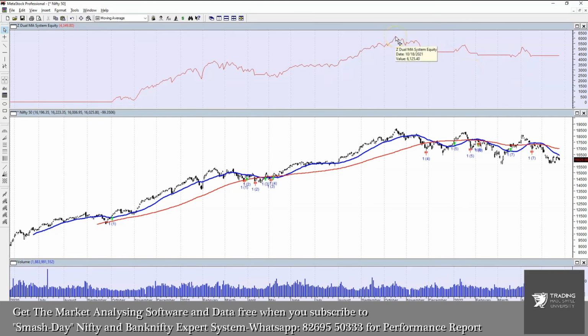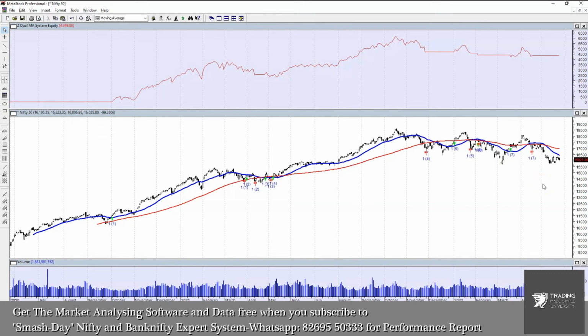Its maximum profit was 6,125, that is 6,100 points, and now it is at 4,300 points. So Nifty has fallen more than that, right? So it is quite an acceptable system, but there are definitely other parameters that I am not in a position to discuss right now. But this is how things go.